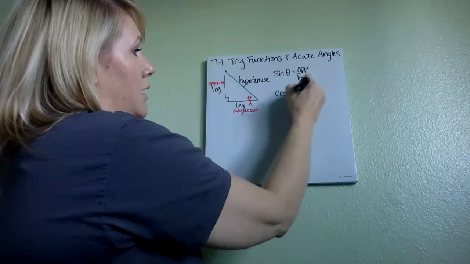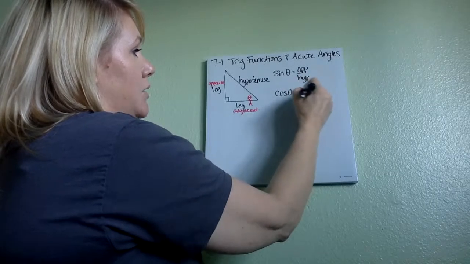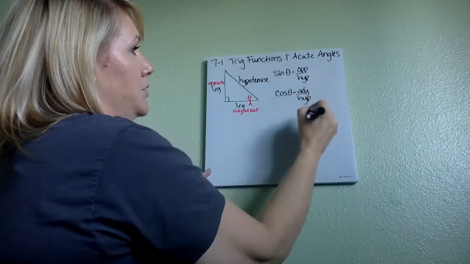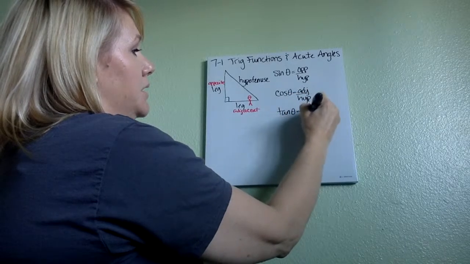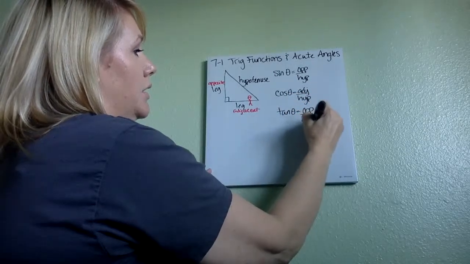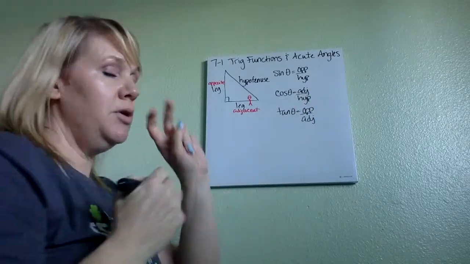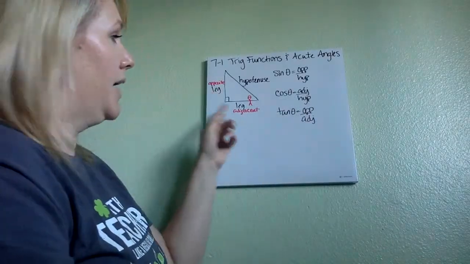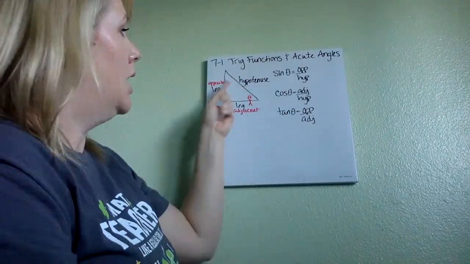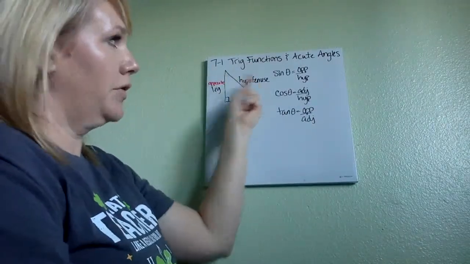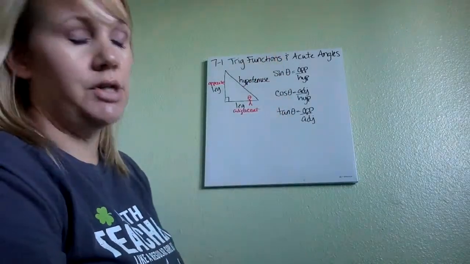Cosine is adjacent over hypotenuse, and then tangent is opposite over adjacent. It's always going to be a ratio of numbers. So if I had the side lengths on my triangle, I would just write that as a fraction. This number over that number, or this number over that number, depending on which ratio you're talking about.